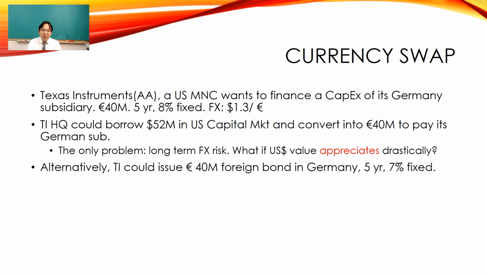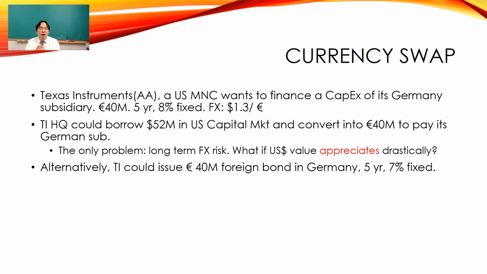The only problem is, well, it's long-term FX risk. What if US dollar value appreciates drastically over that 5-year period, which means euro currency value depreciates over that 5-year period? You remember, in this scheme, the subsidiary is earning this euro currency money. Okay, at the end of 5th year, they will be bankrupt or something, would not be able to repay.